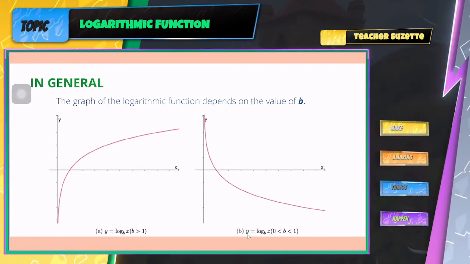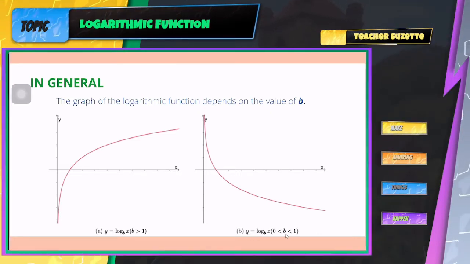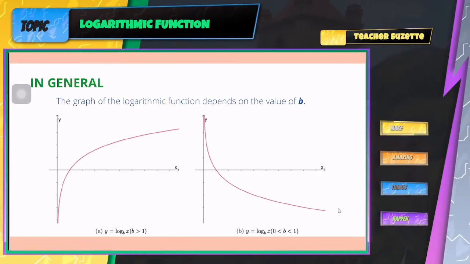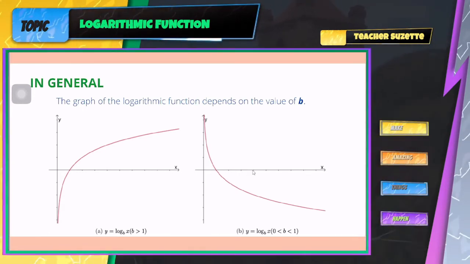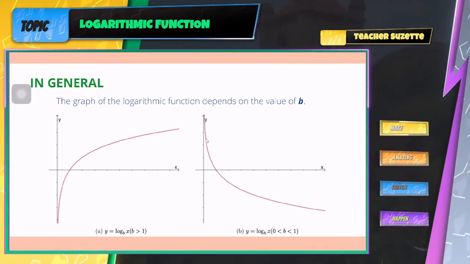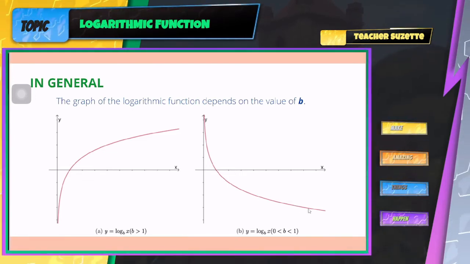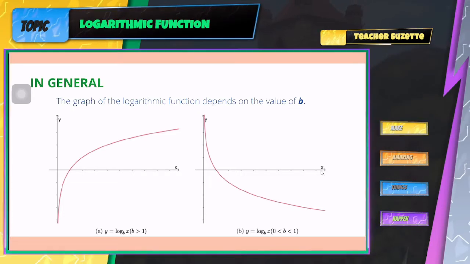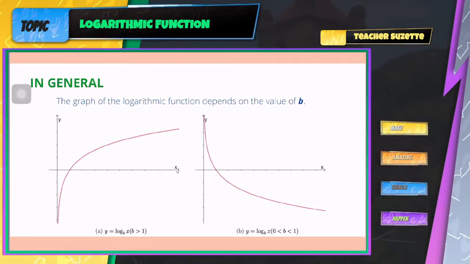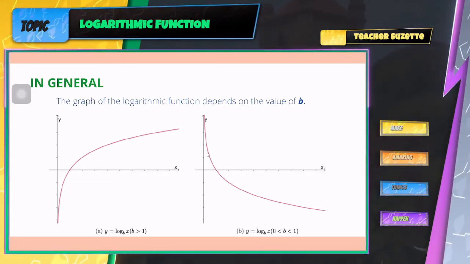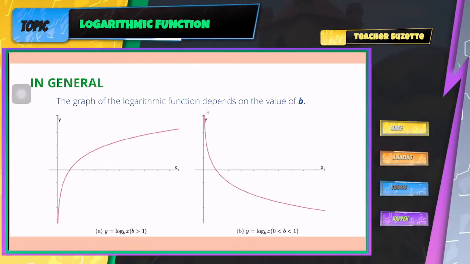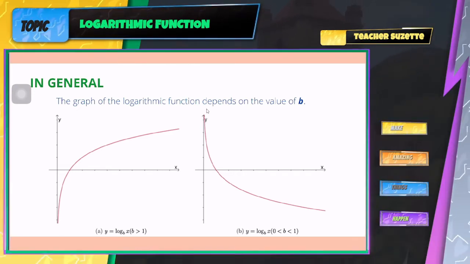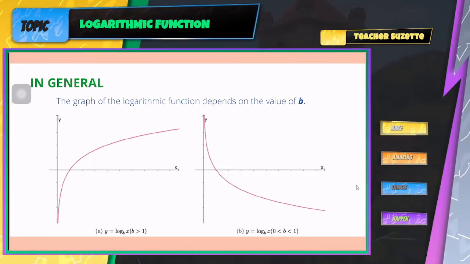Then, if our base is between 0 and 1, ganito naman po magiging itsura niyan. In this case, as our x increases, our y value decreases, and as our x decreases, our y increases, approaching our vertical asymptote, which is x equals 0.